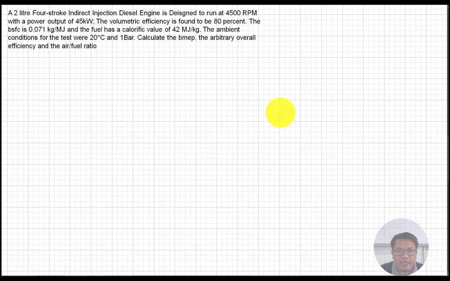Okay, so first things first, we need to establish what are given in the problem. So we need to identify what are the givens in the problem. So let's try to do that, identify what are those givens. So for the givens on the problem, we have your RPM, so you have your N, which is equal to 4,500.